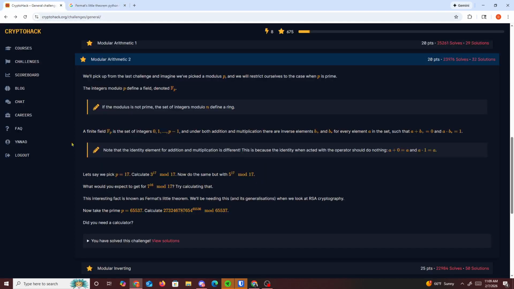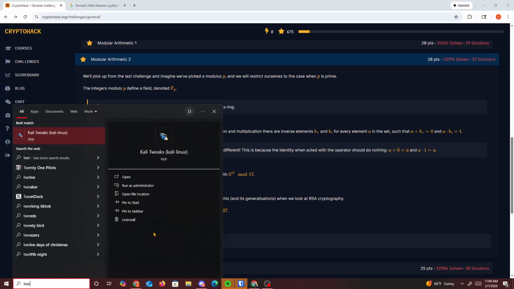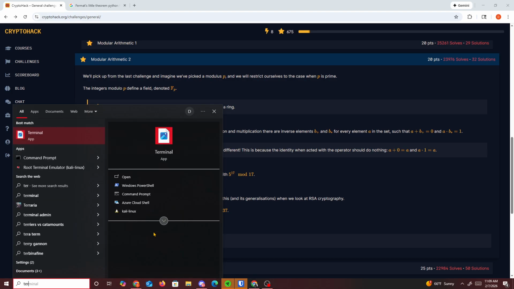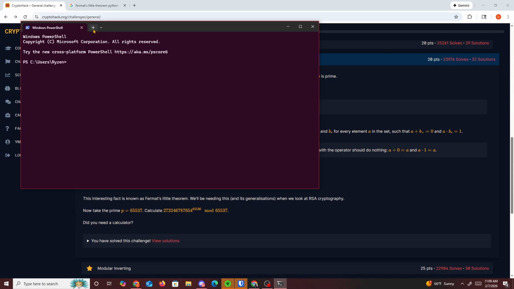So let's open up our terminal, and then let's open up our Kali Linux box, or our WSL for Kali Linux. Wait for this to open up. It takes a while.